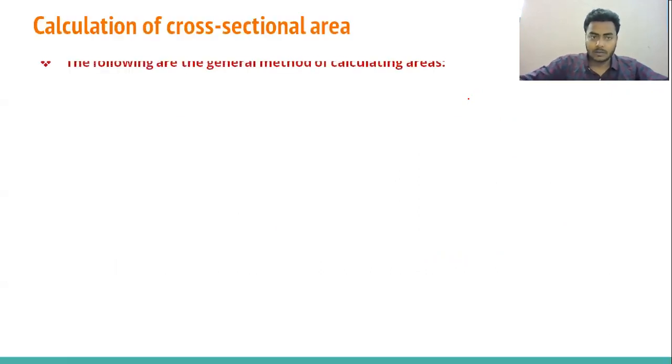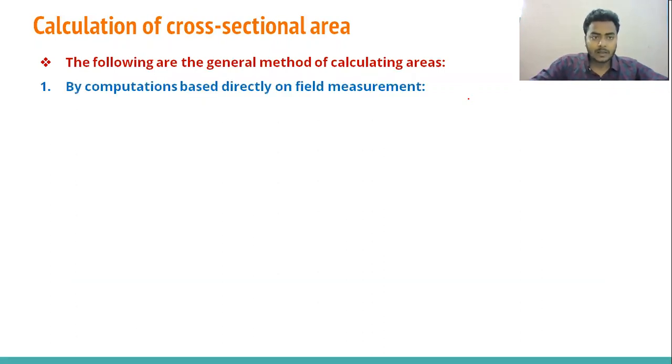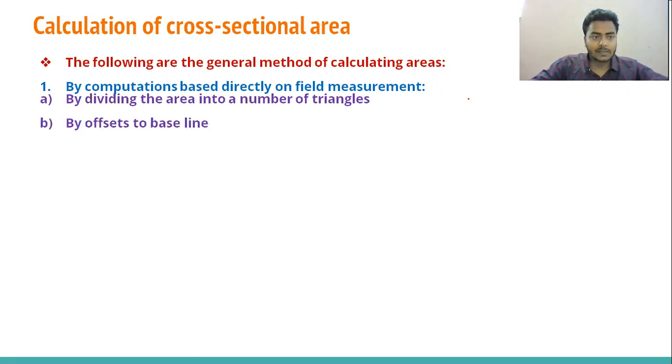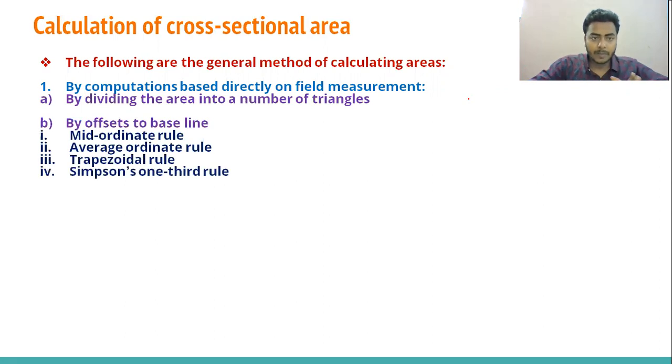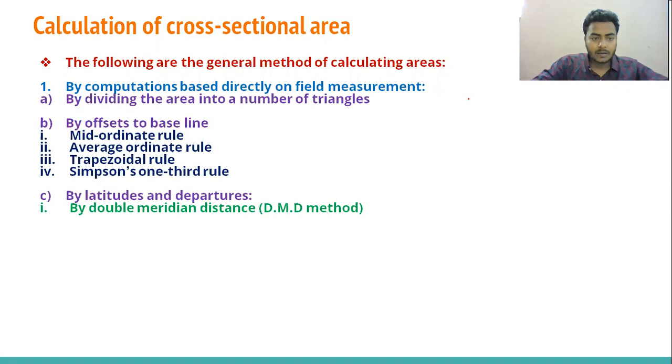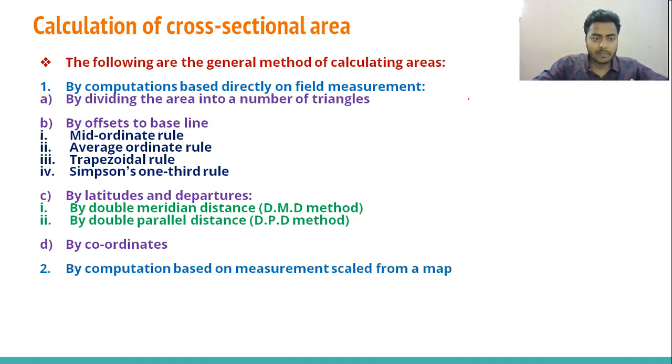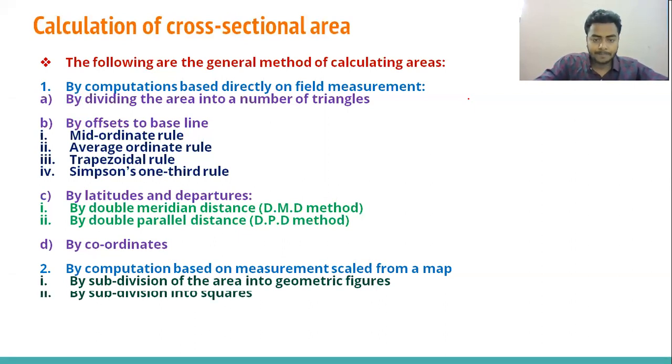Okay, so we can calculate cross-section area by the following methods: by computation based directly on field measurement, by dividing the area into number of triangles, then offset by baseline, which is divided into four types: mid ordinate rule, average ordinate rule, Trapezoidal rule, Simpson's rule, by latitude and departures, by double meridian distance, by double parallel distance, by coordinates, by computation based on the measurement scale from the map, by subdivision of area into geometric figures.